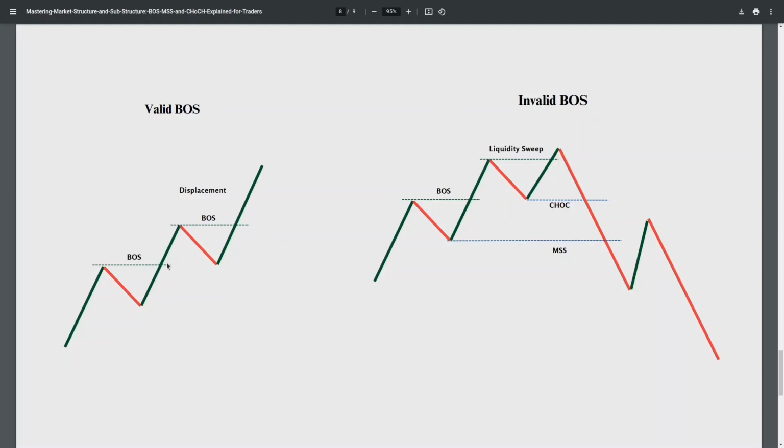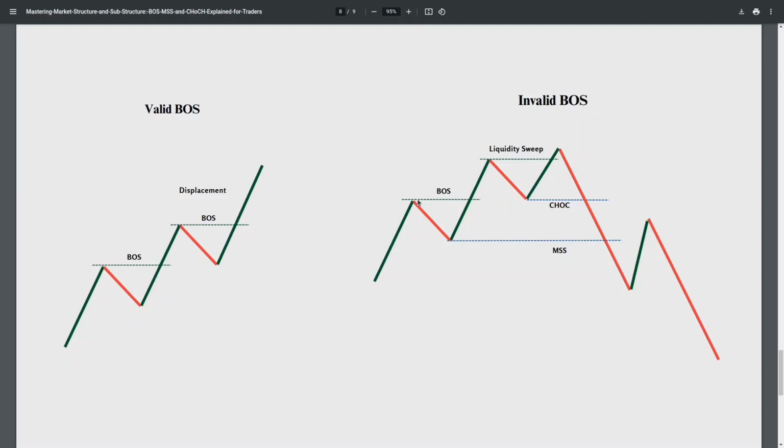That is what we call a valid break of structure. Price is breaking this structure with very huge displacement. So in this scenario, we regard this point as a valid break of structure.